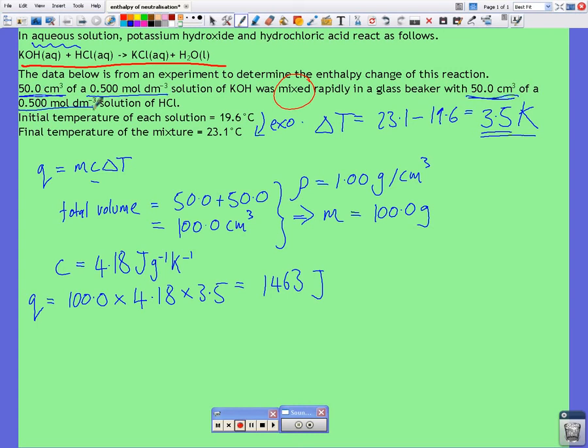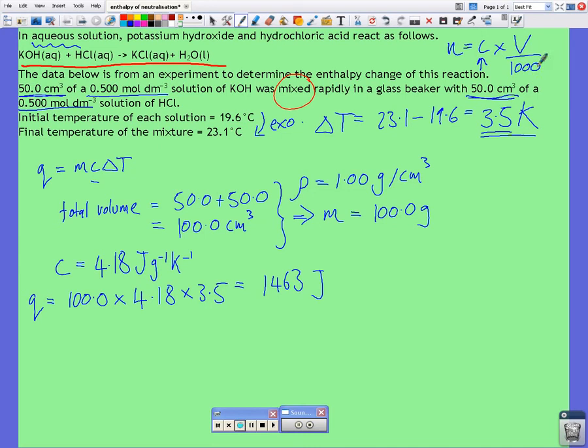If we remember from way back when we did quantitative chemistry or stoichiometry, number of moles is equal to the concentration of a solution multiplied by its volume. And as concentrations are usually given in moles per decimeter cubed and volumes in cubic centimeters, we tend to divide by 1,000 to convert the units.